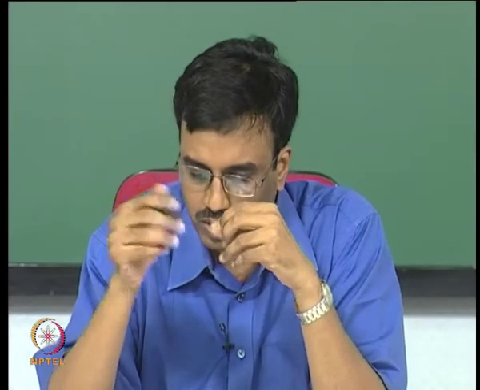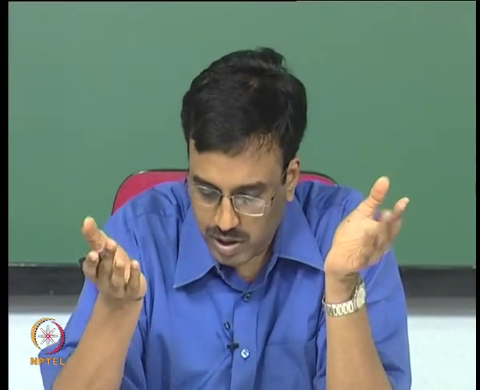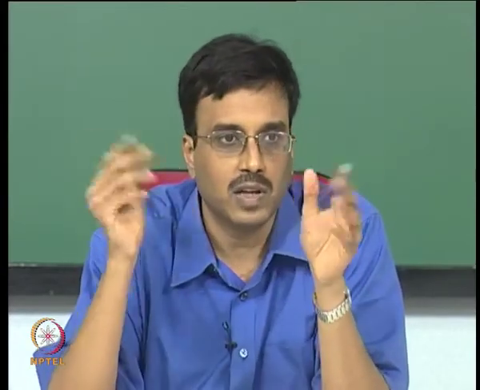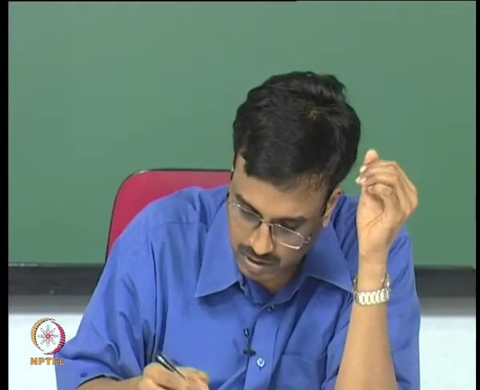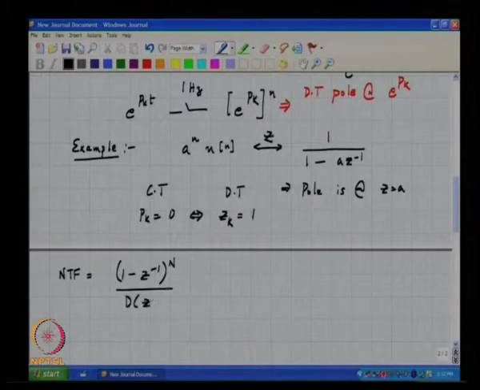All right. So now if a noise transfer function is of the form 1 minus z inverse whole to the power n by d of z inverse, what can you say about the loop filter poles?